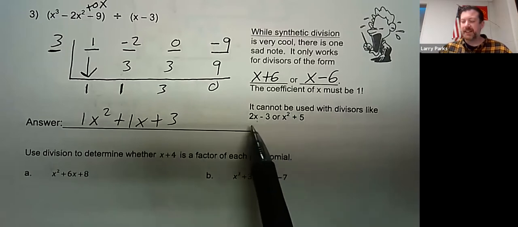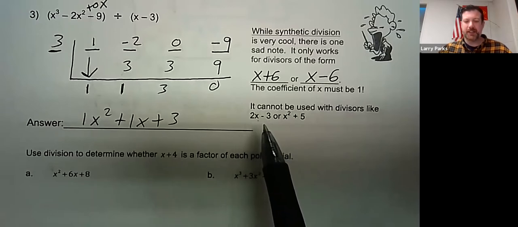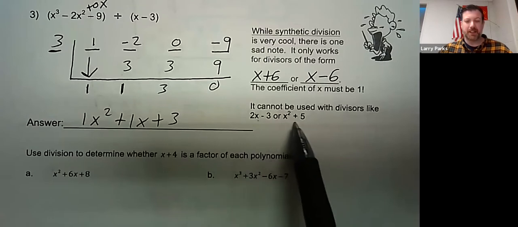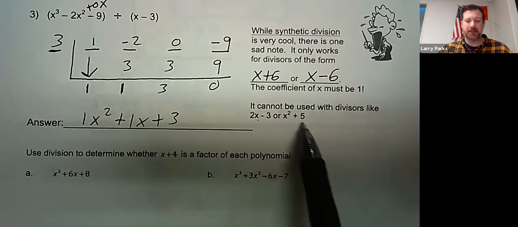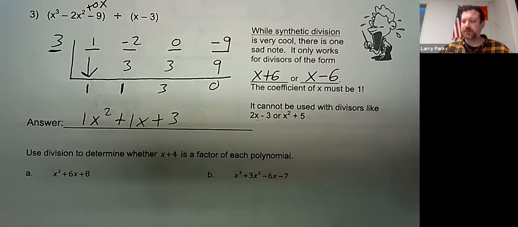So technically, you can use synthetic on 2x minus 3, but I would not do that unless you love fractions. X squared plus 5, there's no way. Not that I've ever been shown. So if you had something with an exponent, you absolutely 100% have to use long division.